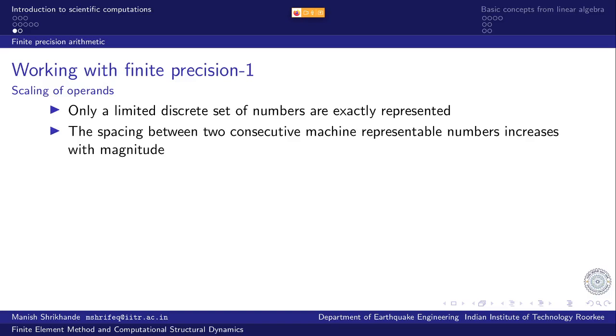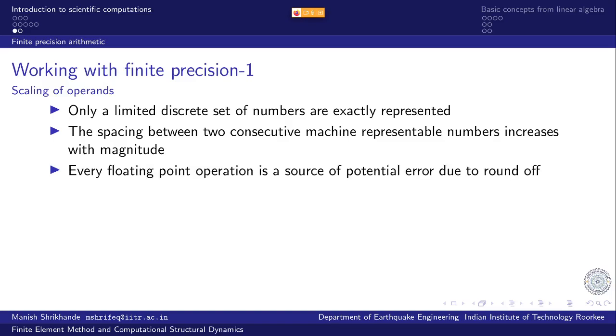The spacing between two consecutive machine representable numbers increases with the magnitude of numbers, and therefore the probability that you will have exactly the same number as a result of your computation, which can be represented exactly on the computer, is almost zero.